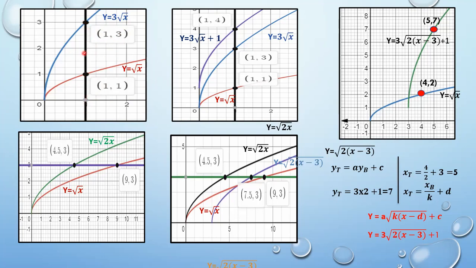You can draw this vertical line anywhere on the graph to see how the stretch factor works. So your x coordinate doesn't change.